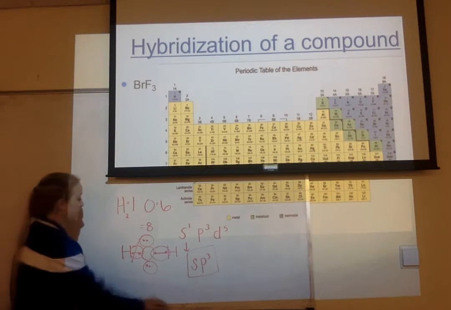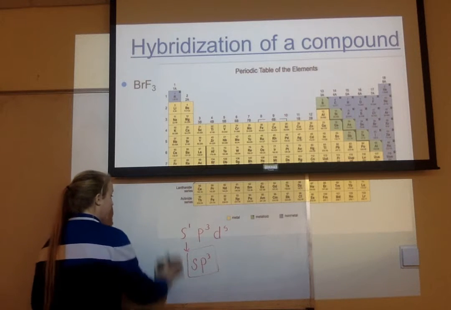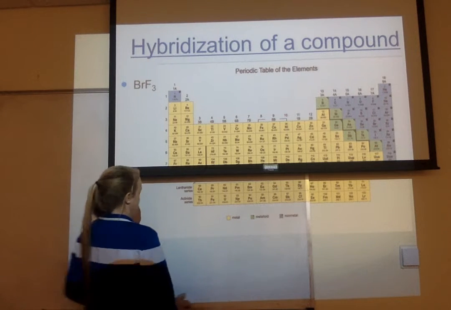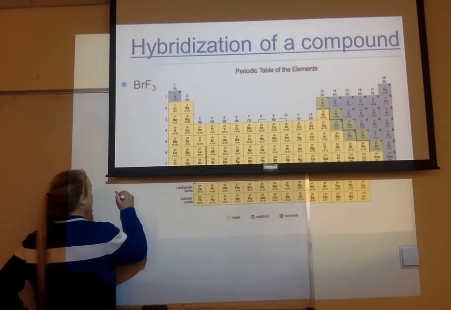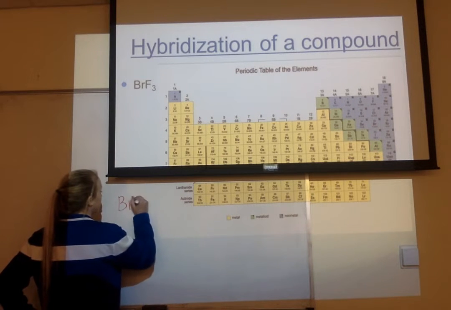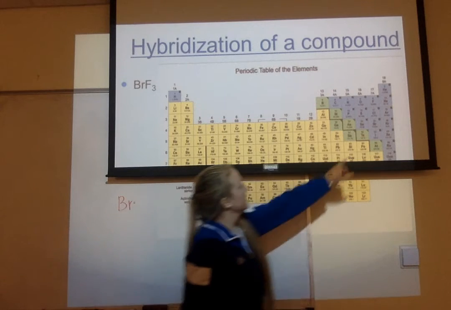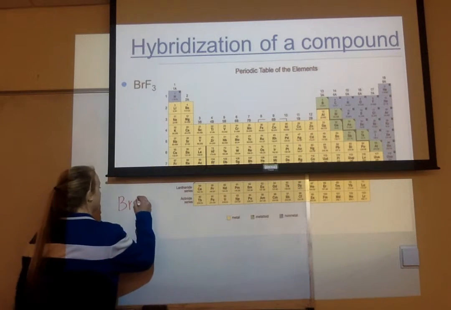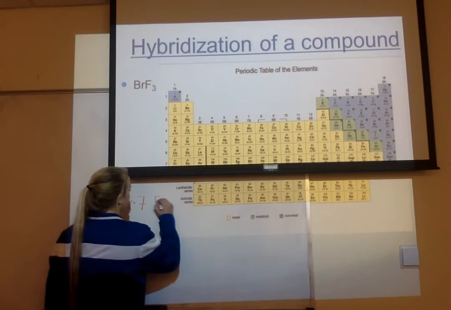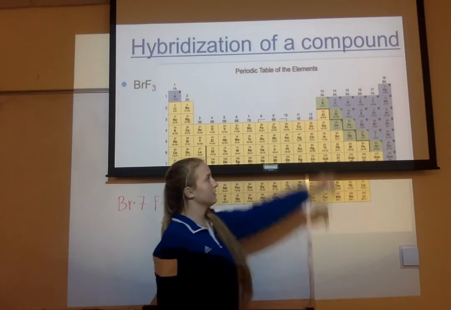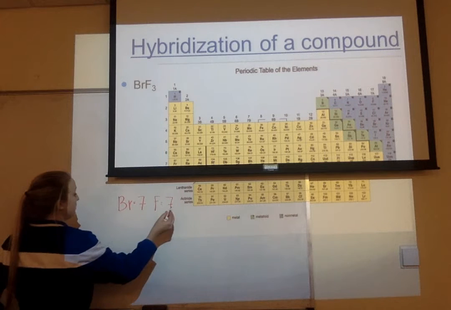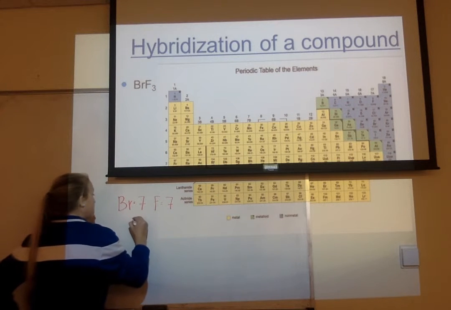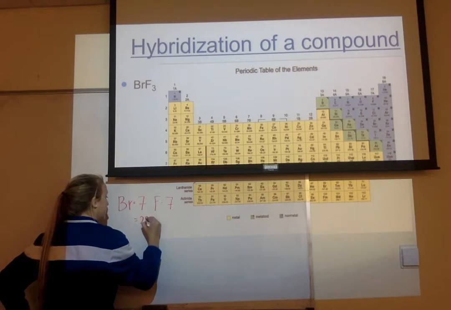The next compound I'm going to teach you how to find the hybridization for is BrF3, bromine and fluorine. Find bromine on the periodic table, it contains 7, and then fluorine on the periodic table also contains 7. So you're going to have 3 fluorine and 1 bromine for a total of 28.